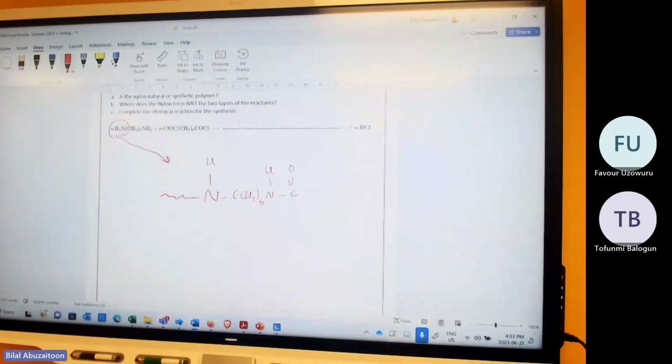You put the values of C. This is the final answer. This is the polymer. This is the polymer.